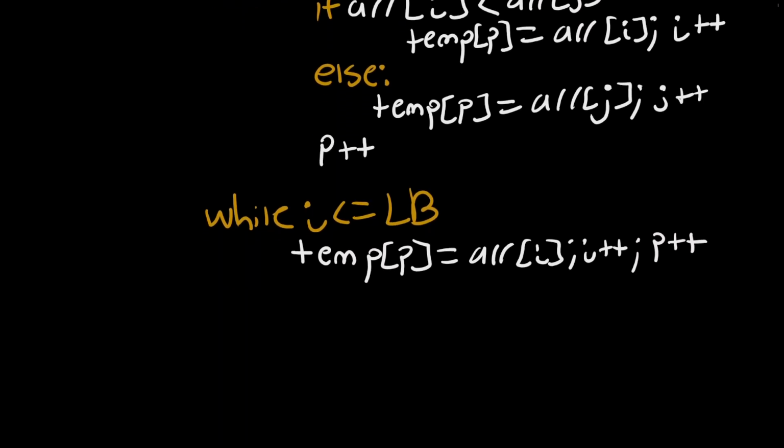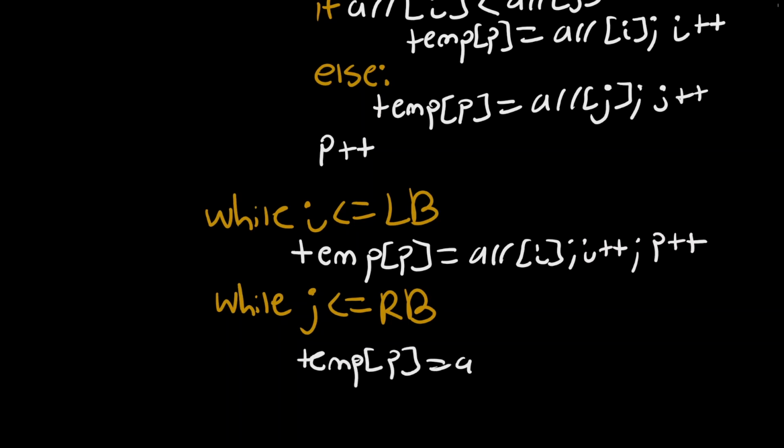Now we just need to fill in for j. So while j is less than or equal to the right bound, this is the case where i runs out first, we're going to fill in with the temp again, so temp p is equal to the array j; j++; p++.